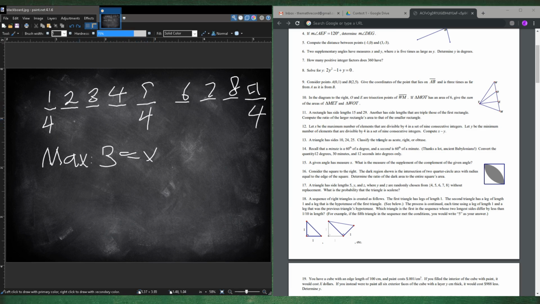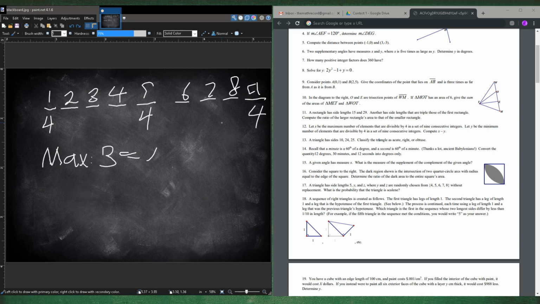But if I have a 4 here, there's already a 4 here, so I can't do that. So the maximum amount I can subtract out is 3. Same idea as before, every 4th number is divisible. So 1, 2, 3, 4, 4. So the minimum amount you can have of a 4 is 2 for y. So the max minus min, which is x minus y, is just 1.